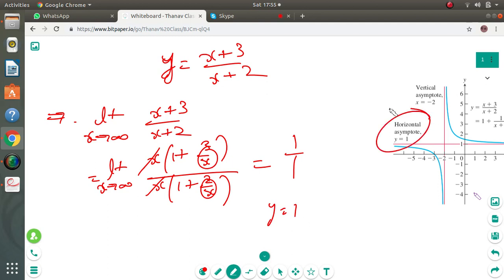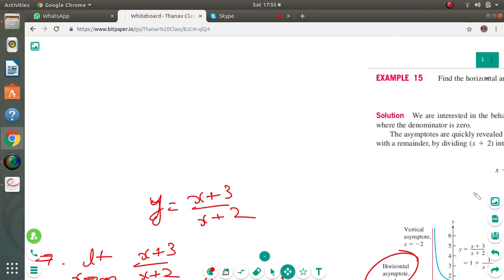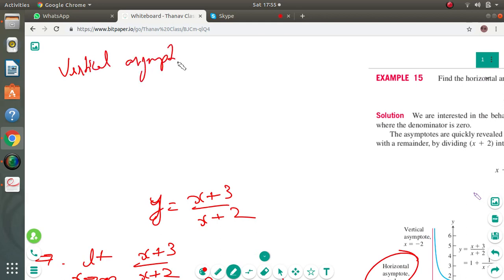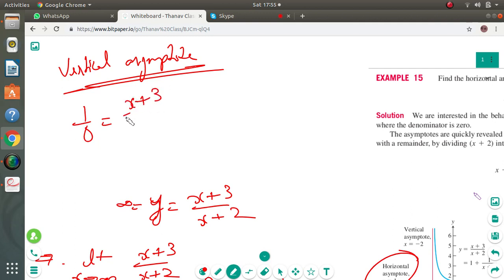Getting it? Now how to find the vertical asymptote? The method is to find out the vertical asymptote. At the vertical asymptote, y is infinity. So we can put y as infinity, right? That is 1 by 0 is equal to x plus 3 by x plus 2.